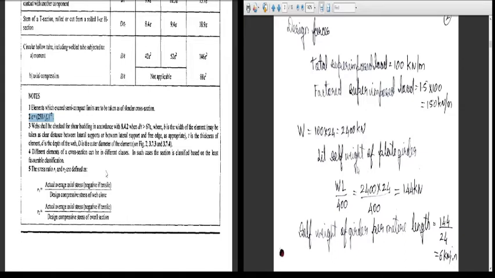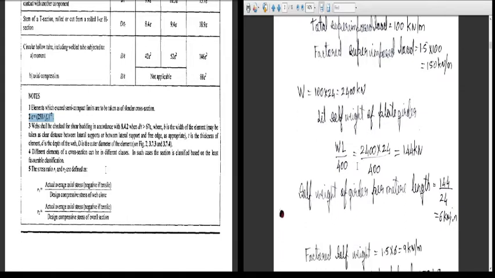Let the self weight of the girder be given by this formula which we are going to use for calculating the self weight of the girder. Self weight of the girder is equal to WL divided by 400. W is taken as 2400, so 2400 into 24 divided by 400 works out to be 144 kilonewton. This is in terms of point load, and we will place it per meter length.